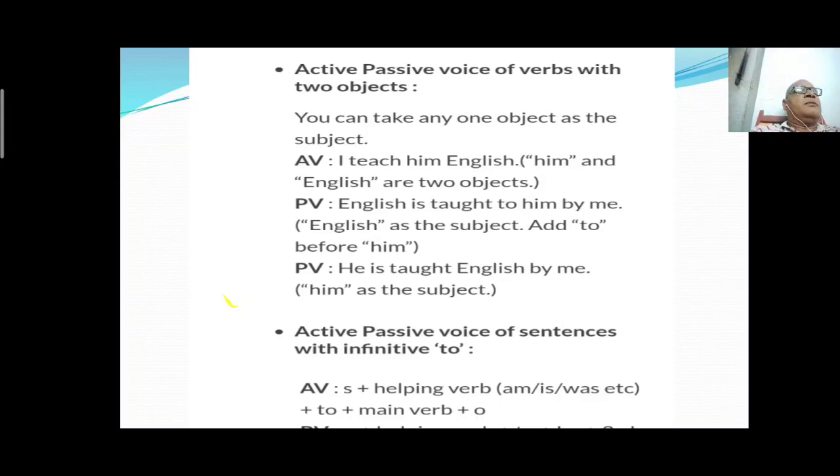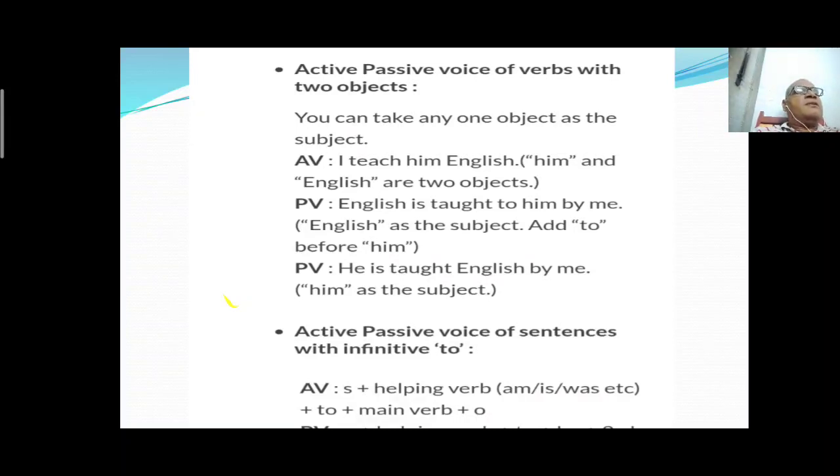I teach him English. I teach him. This is the first sentence. Then you can convert: He is taught by me. Right? This is a sentence. He is taught English by me will be the sentence. If we are starting with English, I teach English is a sentence.